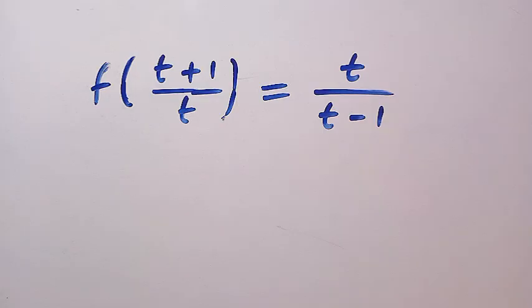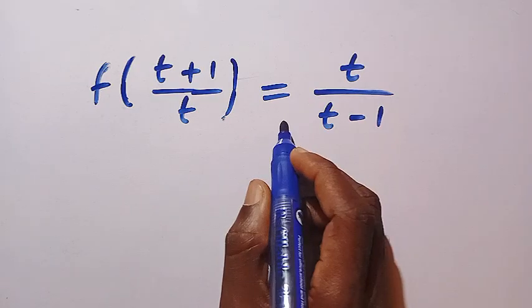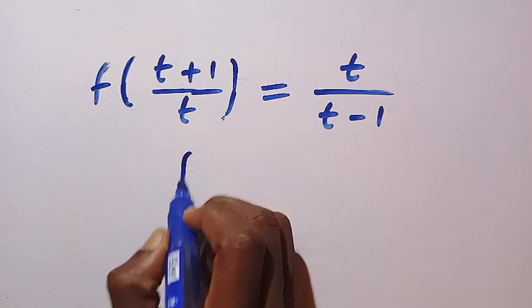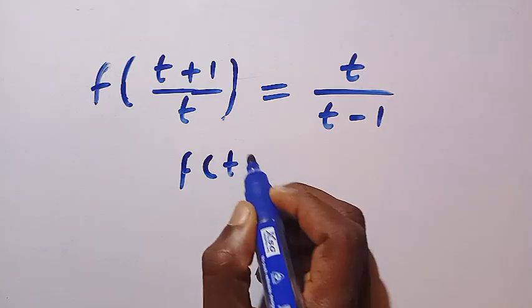How to solve these nice functional equations, given that f of (t plus 1) divided by t equals t divided by (t minus 1). To solve this, we are going to be looking for f of t.